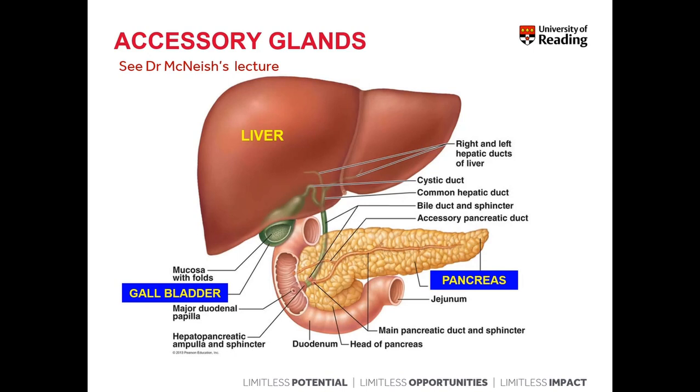The pancreas is another gland which has both an endocrine and an exocrine function. The most important exocrine function is producing digestive enzymes, but it also has a very important digestion-related endocrine function, which is to secrete insulin and glucagon to maintain the homeostatic level of glucose in the plasma, 100 milligrams in 100 milliliters.